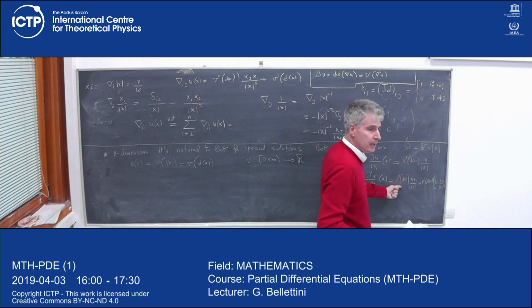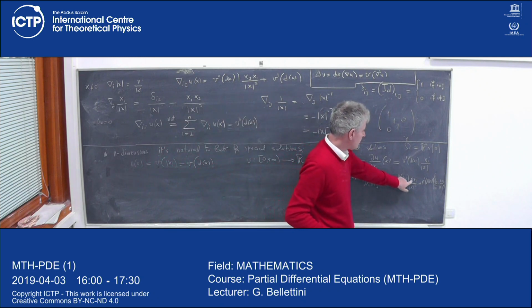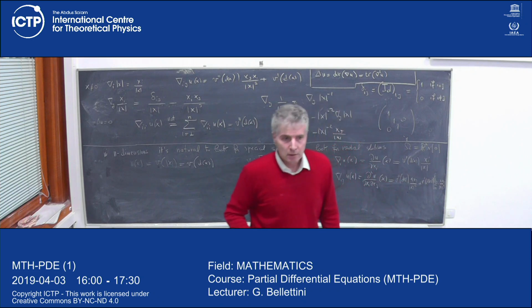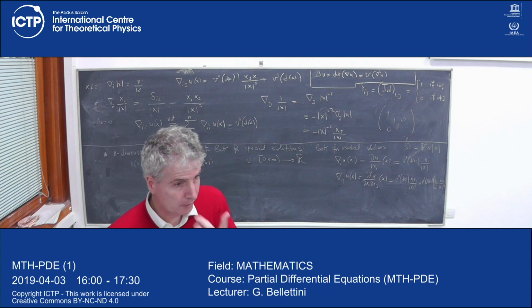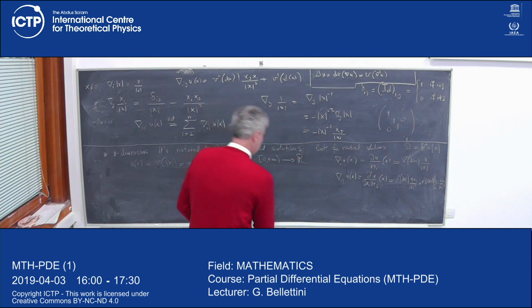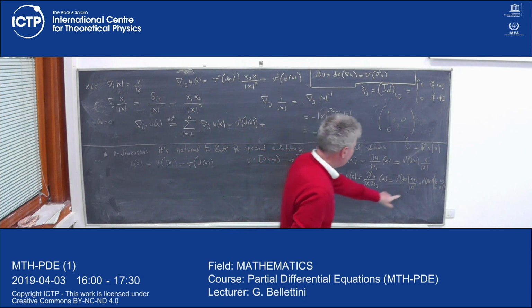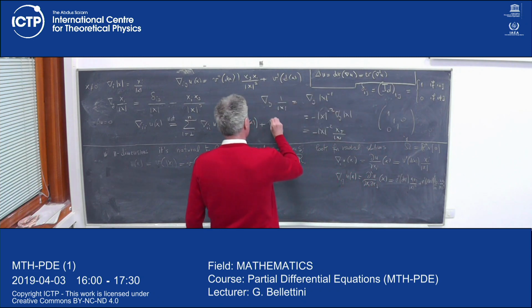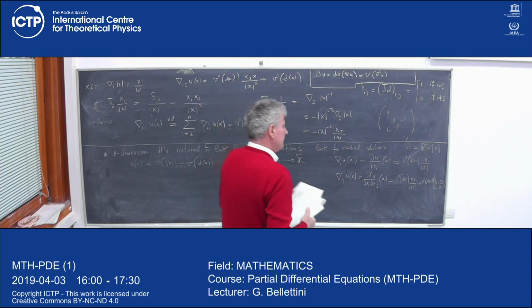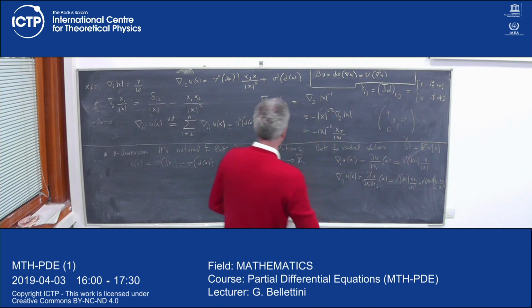So v second does not depend on i and j, so this remains as it is. Now we have to sum x_i squared divided by the norm squared. What is the result? 1. Perfect, this is very easy. V prime goes outside of the sum. And then we have to sum over i equal to j this. What happens?